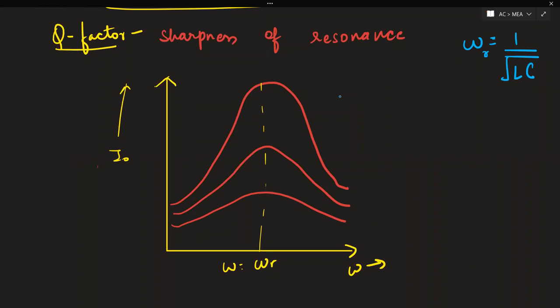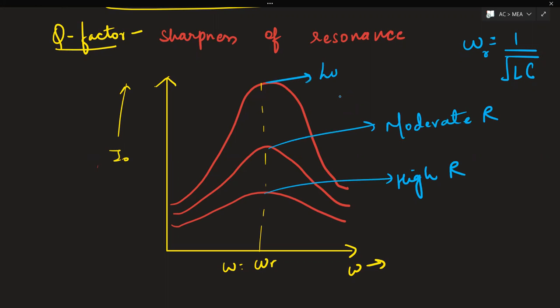Through experimentation, this was concluded that here resistance was high. Here it was moderate resistance. And this is a very low value of resistance. Fine, class.